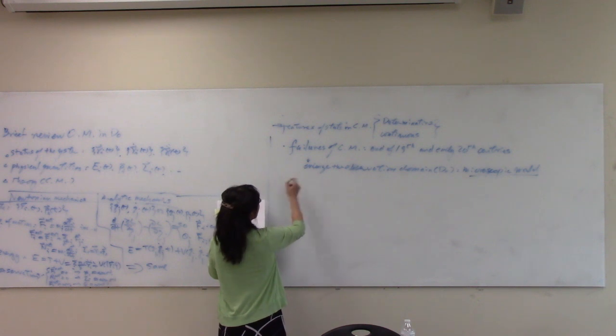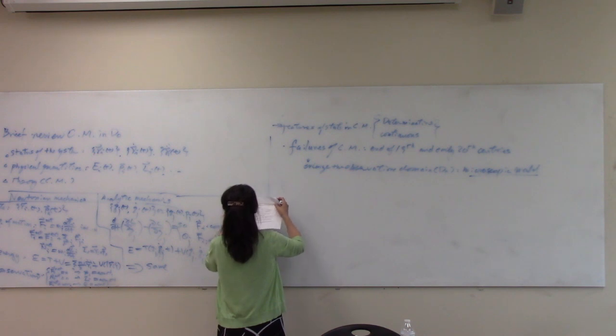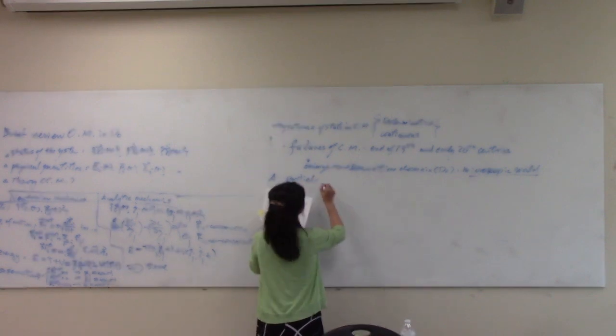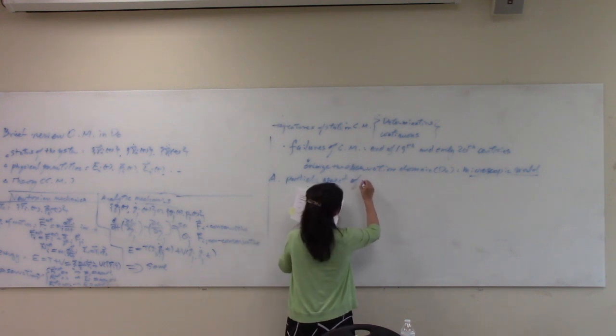The first one, the failures. The first one is the particle aspect of radiation.